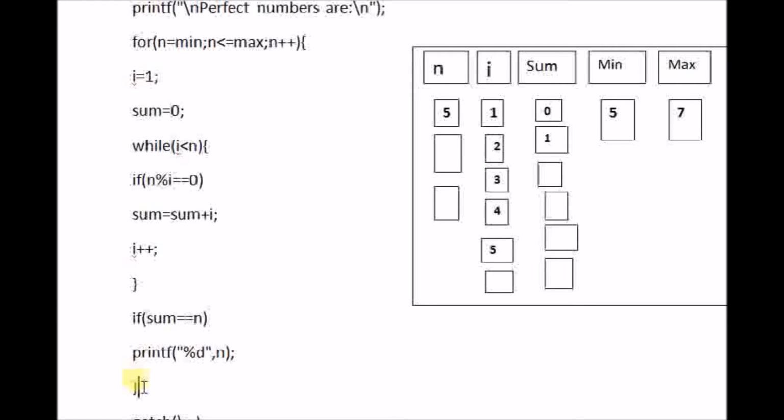Now this bracket will take us back to the for loop. And what is the value of n? Here we are done with the condition.